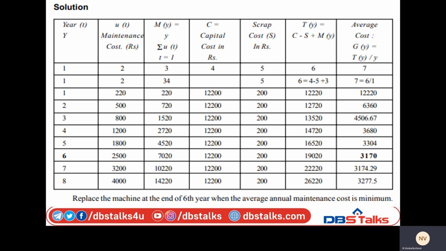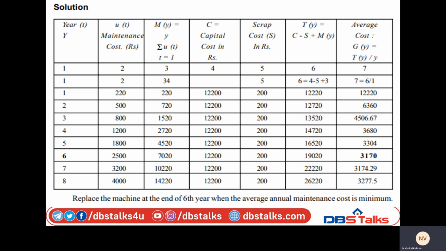So how to identify the value: where the average cost suddenly increases after the decrease. Here, up to the sixth year it was decreasing, but in the seventh year it suddenly increases. So before the increase only, we need to replace.